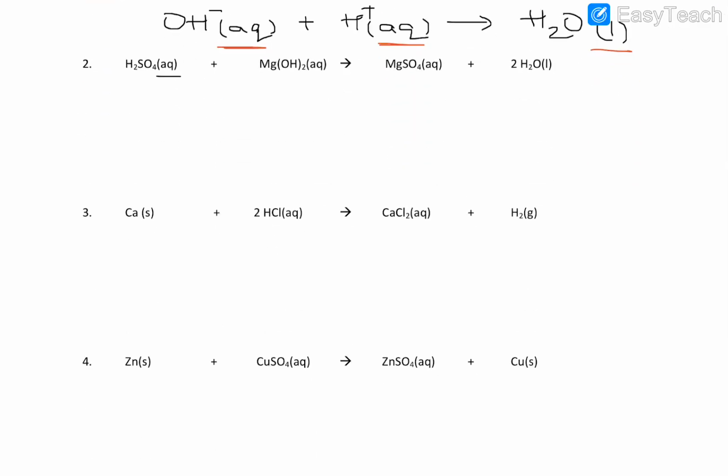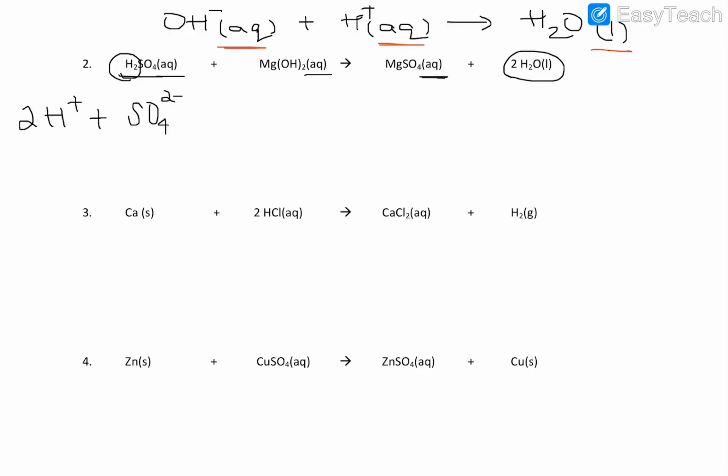So this will split, this will split, this will split, and here this will not split. So the equation is already balanced. So there's H2SO4, which means here hydrogen exists as H plus, but you have two H plus, so I'm going to put a 2 in front here, plus SO4 is a radical, so it will exist as SO4 2 minus.